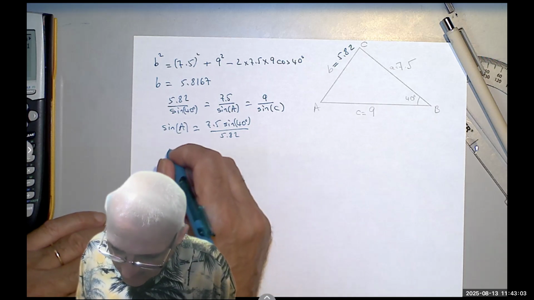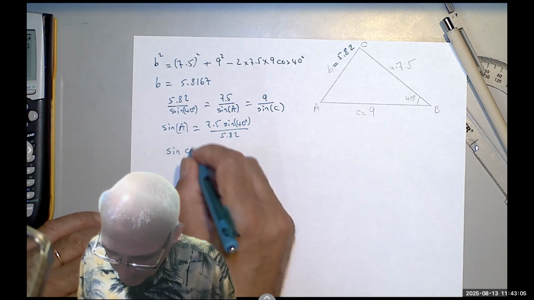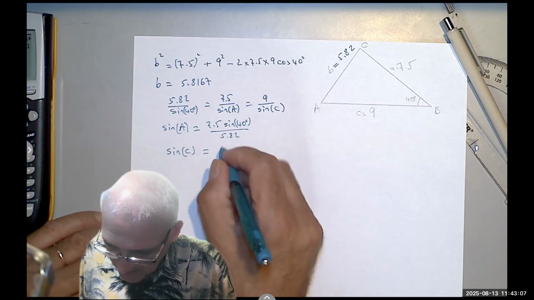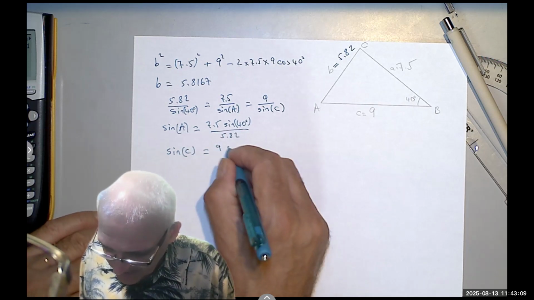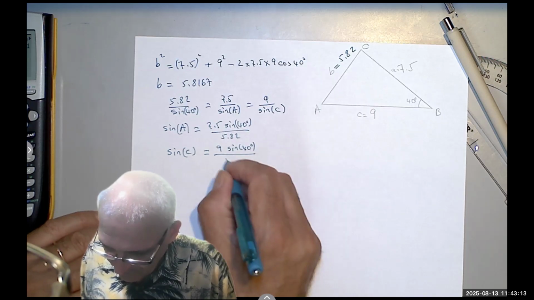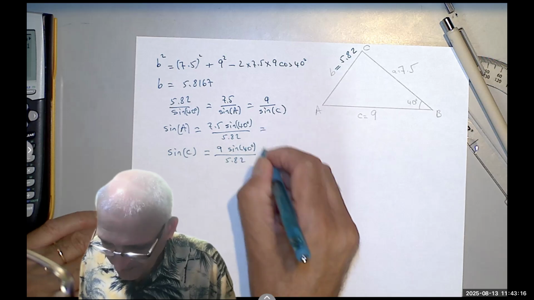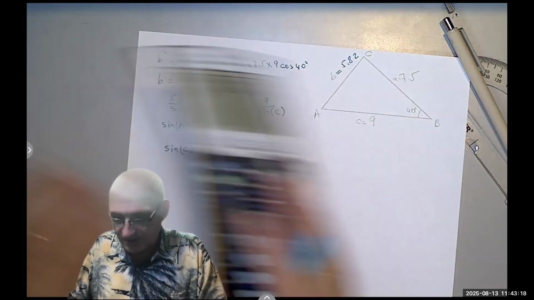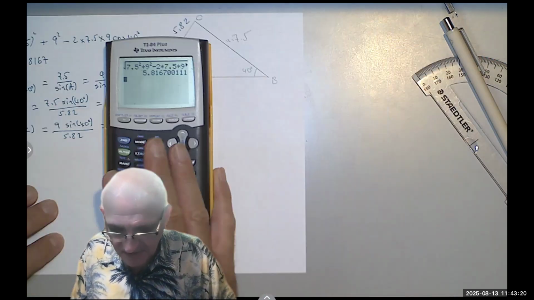And sine C equals 9 times sine 40 over 5.82. Okay, so I'm going to do it one step at a time and then we'll see.